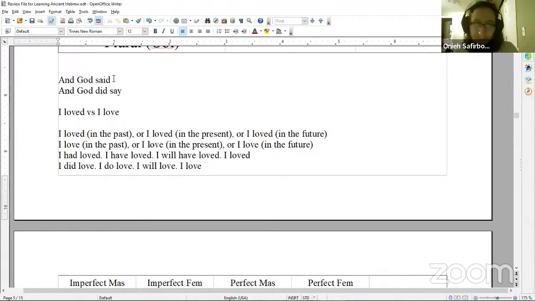In a better translation, you would see, and God did say. You wouldn't see, and God said, because said implies past tense, whereas in the Hebrew, it conveys past tense by context. It gives you tense based on whether it's perfect or imperfect. And like I said, say is imperfect and said is perfect.